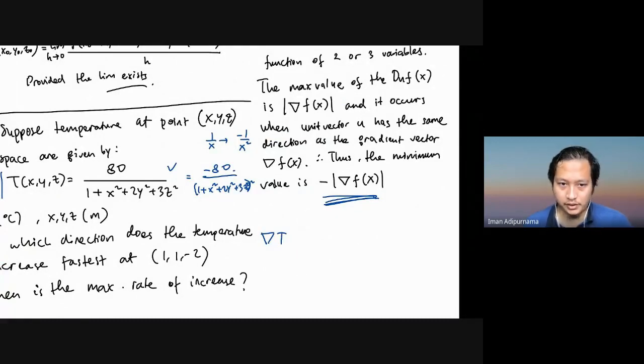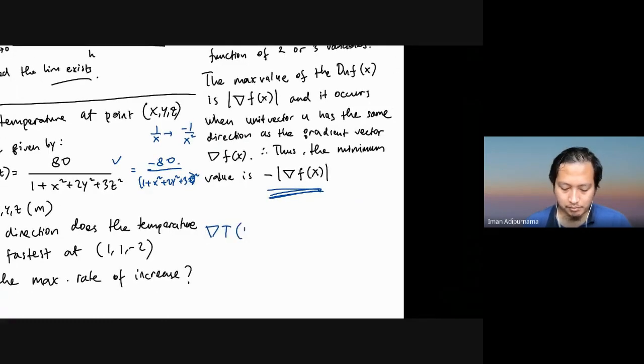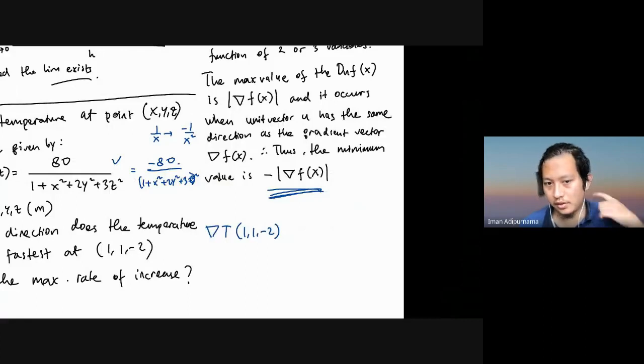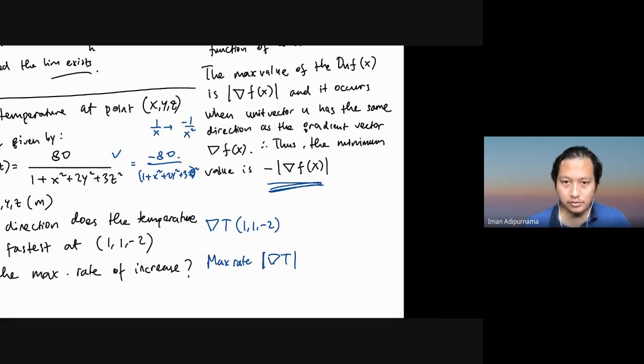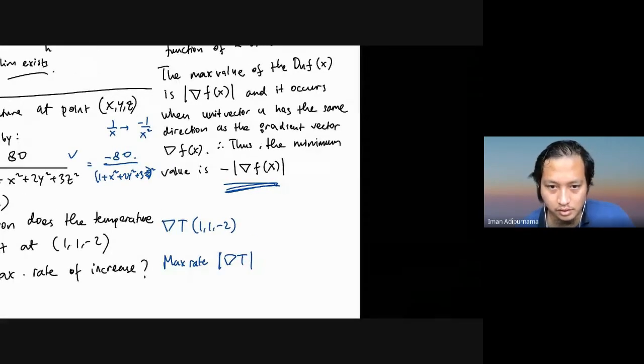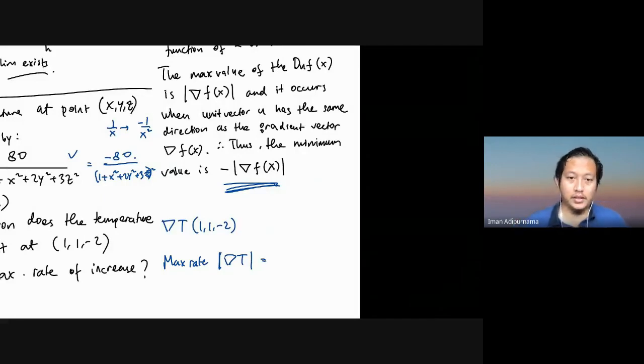You find the gradient and put in the point that you want to observe, and then for the maximum rate you need to take the length of the vector. Okay?